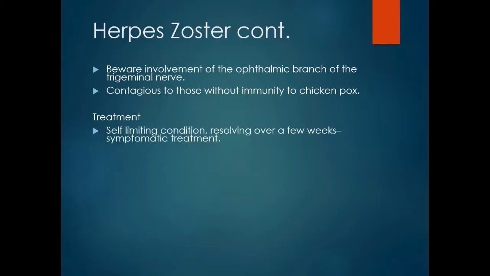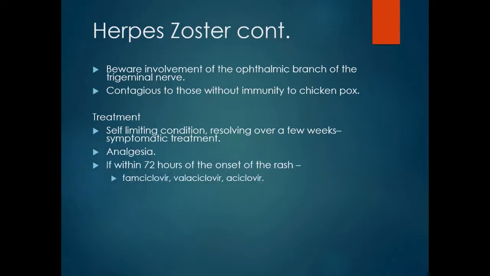The treatment of herpes zoster: it's a self-limiting condition which resolves over a few weeks, and treatment is largely symptomatic. However, if someone does develop the rash and it's within 72 hours of the rash onset, it is preferable to commence them on an antiviral agent such as famciclovir, valacyclovir, or acyclovir.